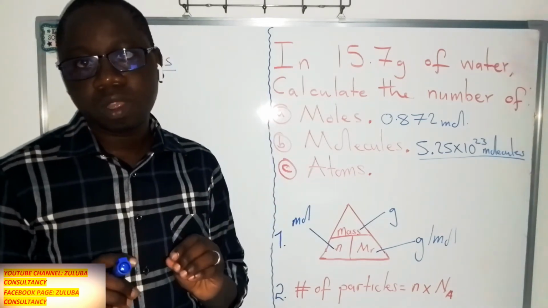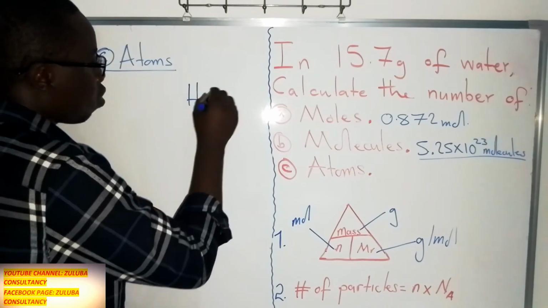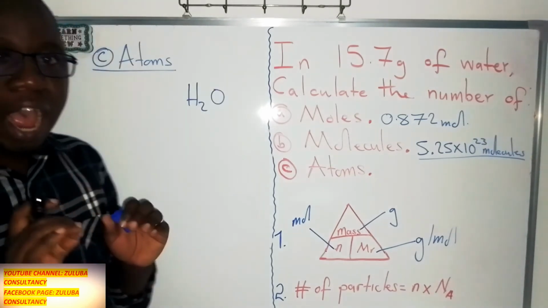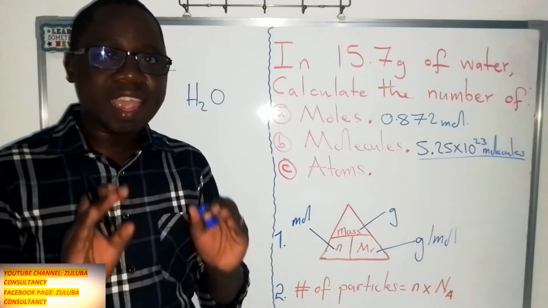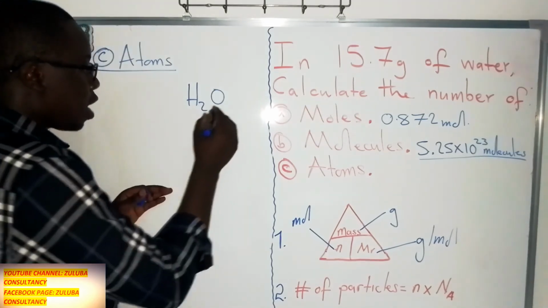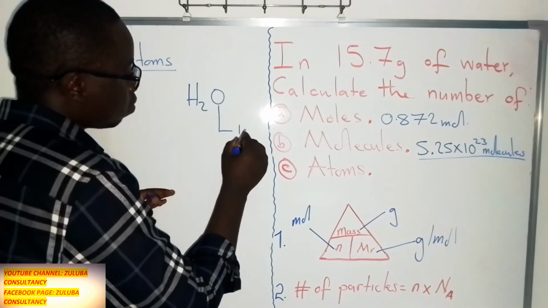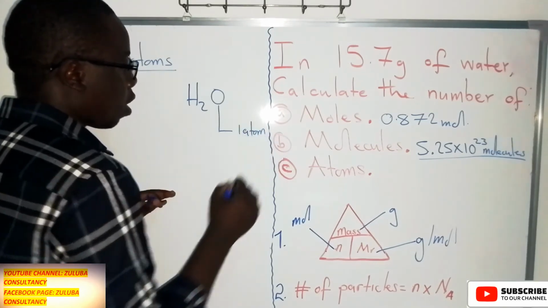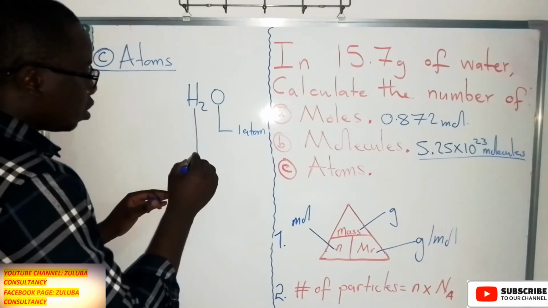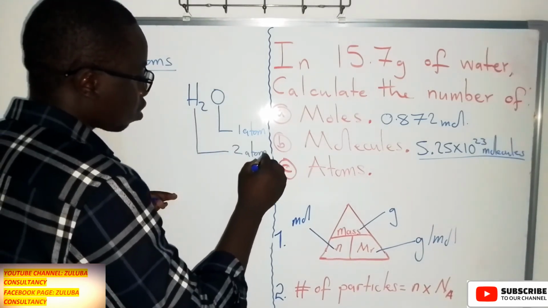Now, these molecules are made up of atoms. So when we look at the molecule of water, how many atoms are in the molecule of water? You realize that oxygen contributes 1 atom, then hydrogen contributes 2 atoms.